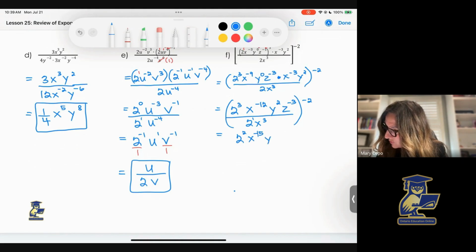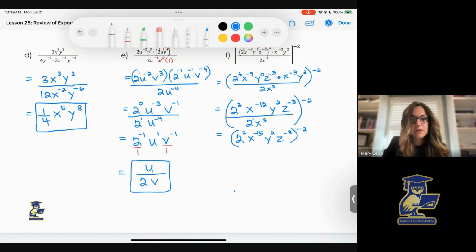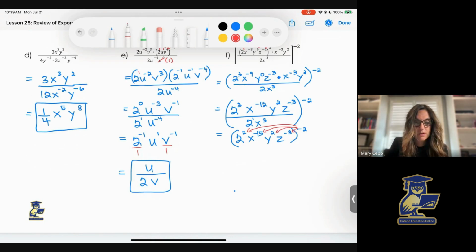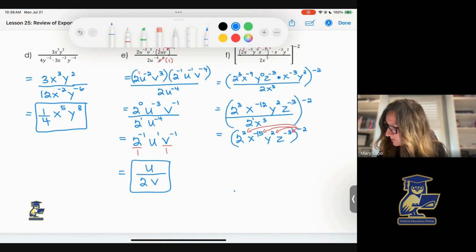Y to the power of 2, z to the power of negative 3, all to the power of negative 2. Okay, so we've simplified the brackets fully. Now we're going to take it to the power of negative 2. Keeping in mind, if you don't see an exponent, you put it in there, because that negative 2 has to be distributed to each of our exponents.